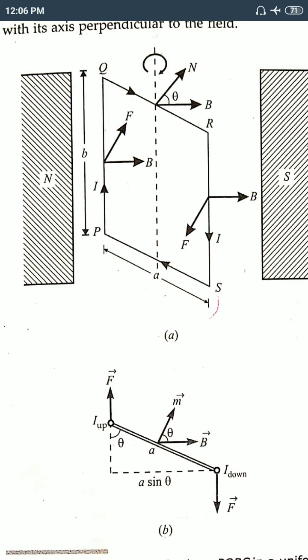So if we apply Fleming's left hand rule on these two sides, we see that the magnetic forces on PS and QR are equal but in opposite directions. So the resultant is 0. These two forces cancel each other. So for PS and QR, the resultant force is 0.